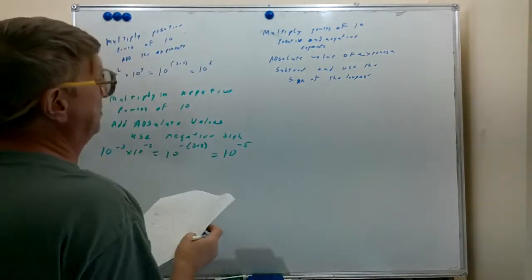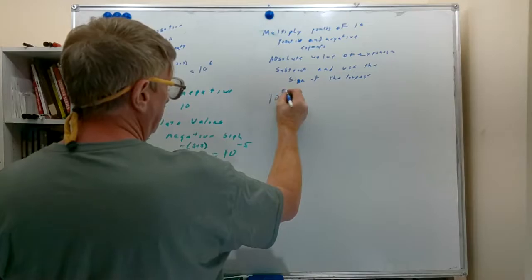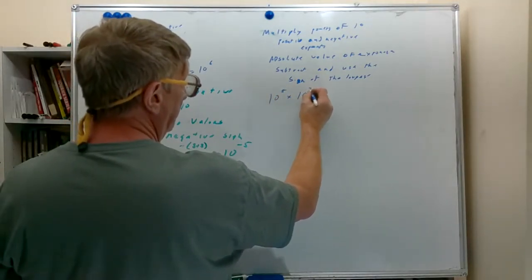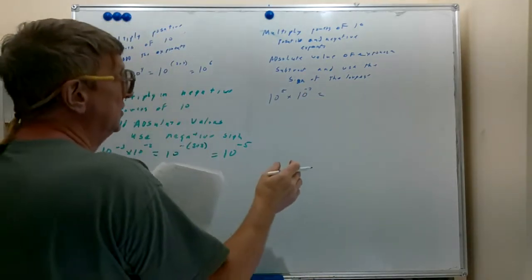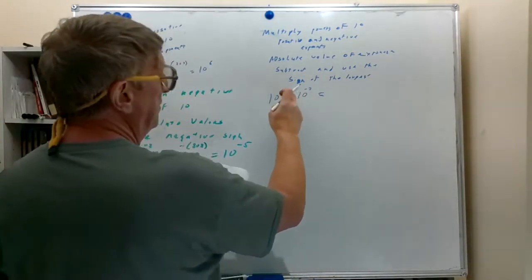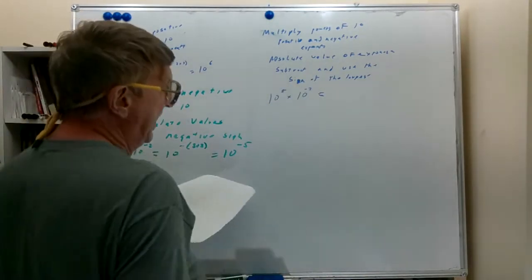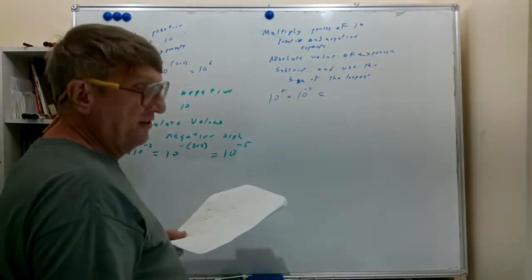So let's do an example here. We have 10 to the fifth, and we're going to multiply that times 10 to the negative 3. Well, what do we have for the absolute value of 5? The absolute value of 5 is 5. The absolute value of negative 3 is 3.